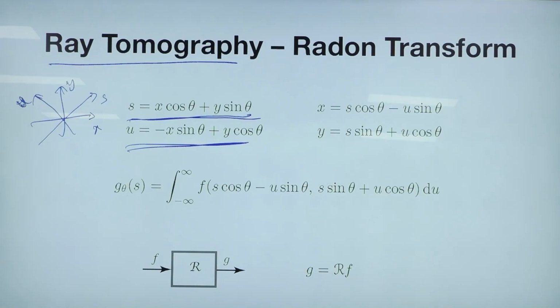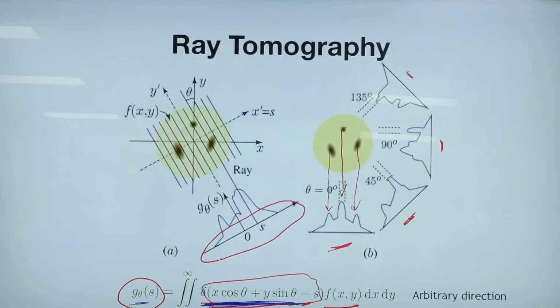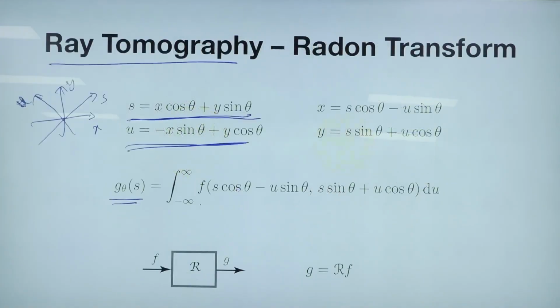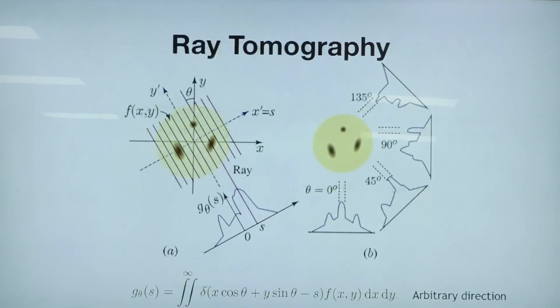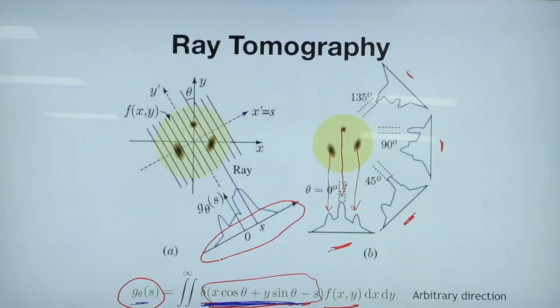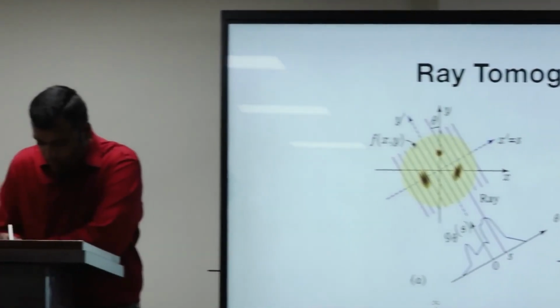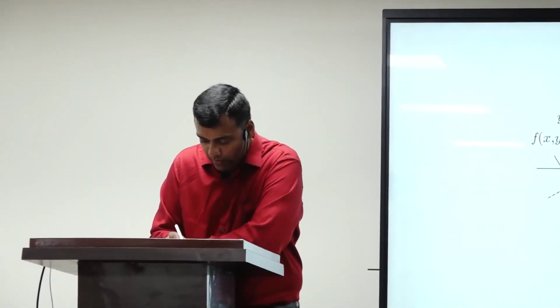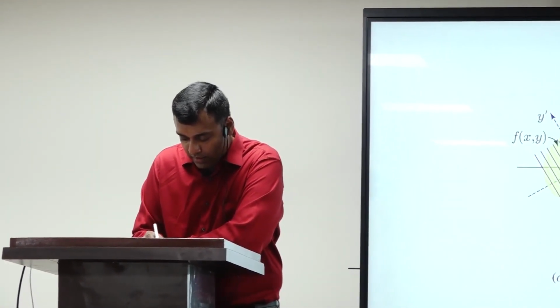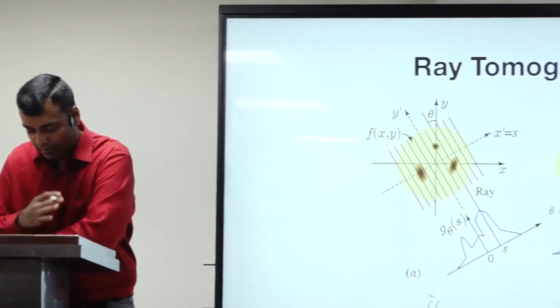And therefore, if you take g of theta, you can write it as f of, instead of f of x comma y in the previous case, f of s cos. So let me go back to the previous slide. Look at this equation at the bottom over here. All we are doing is substituting for x and y, and this delta function collapses, right?